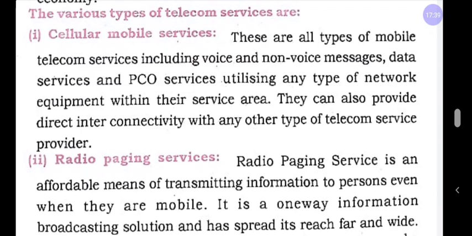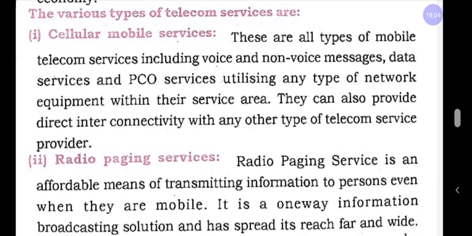First one, cellular mobile services. These services focus on or are related to the area of mobile services. These services include both voice message and non-voice message, and you can use them with any type of network.